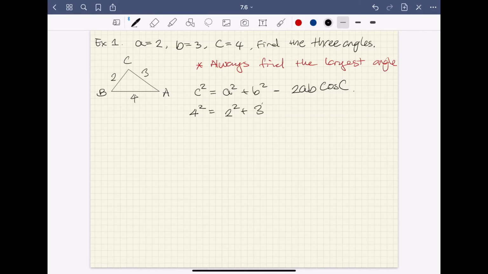B is 3 squared minus 2 times 3 cos C. That's 16 equal to 4 plus 9 minus 12 cos C. And so 12 cos C is equal to -3.